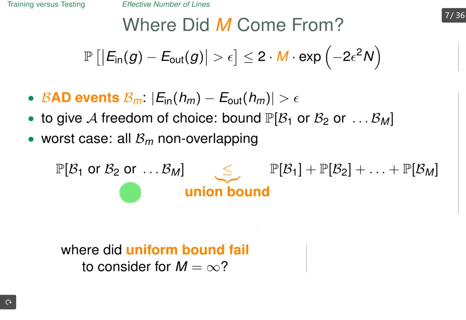And now the question is, why can the union bound fail if we consider m to be equal to infinity? One more time, let me clarify. B1 is this event for H1. B2 is, again, one of these events for H2, up to Hm.